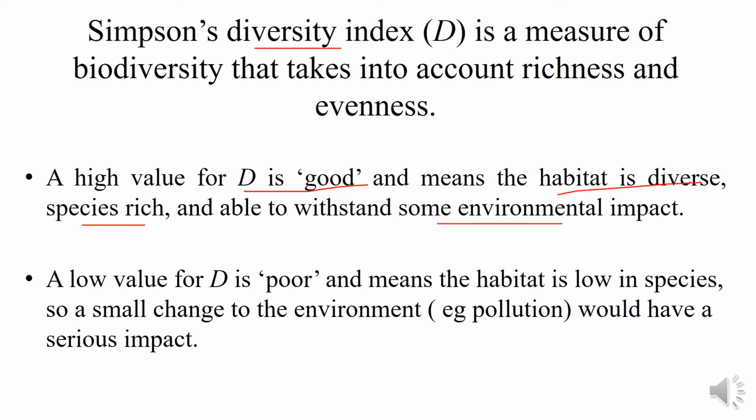But if Simpson's D is very low, there are few species, the richness is very low, and any little change in the environment, like pollution or temperature, could hamper the whole ecosystem. This is the interpretation of your result.